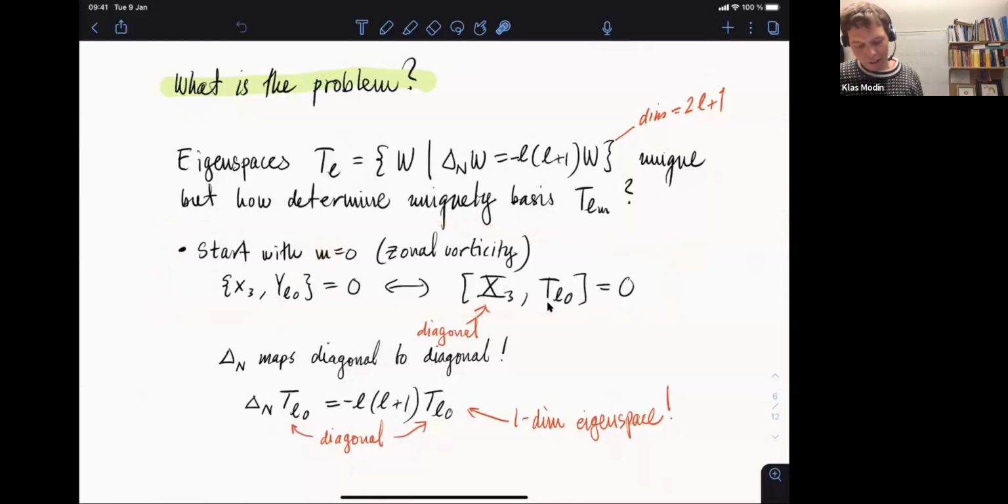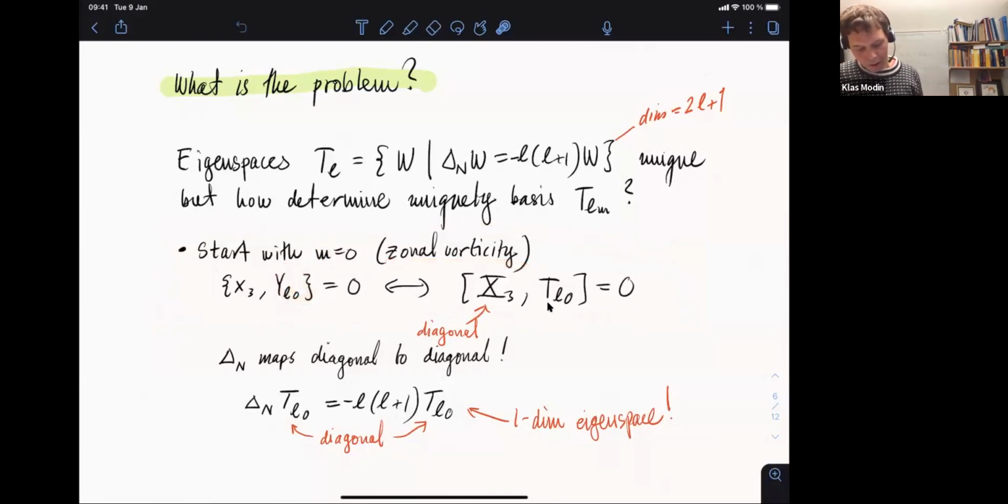So what does this correspond to on the level of functions and harmonics? This means that your function is zonal, so it's constant on the longitudes. Whenever you have some function that is expressed in spherical harmonics, and all the other coefficients are 0, it's always going to be zonal.